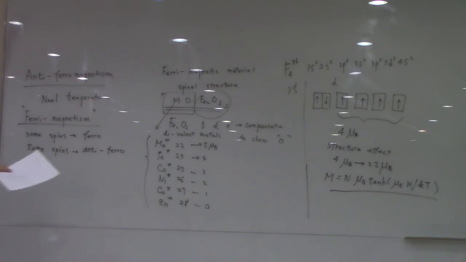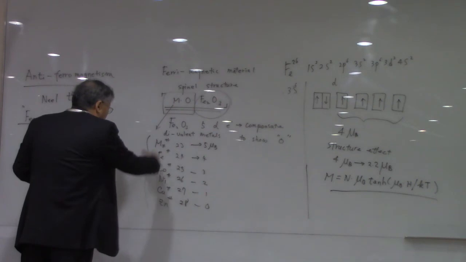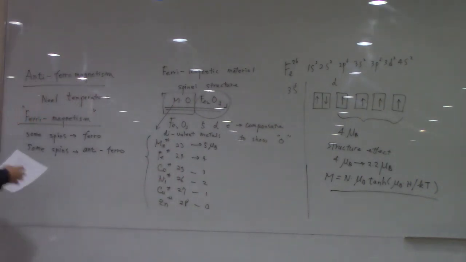And this oxygen is going to work with these divalent metal ions to make the whole system a ferrimagnetic material. And why is the ferrimagnetic material important?